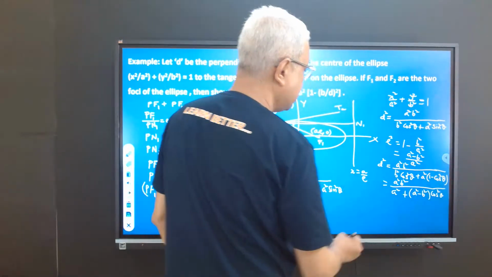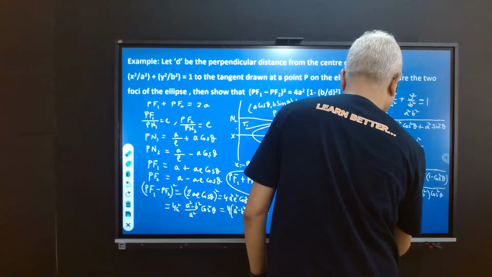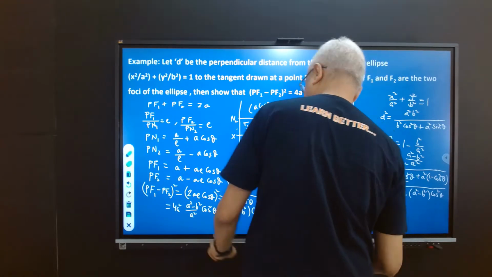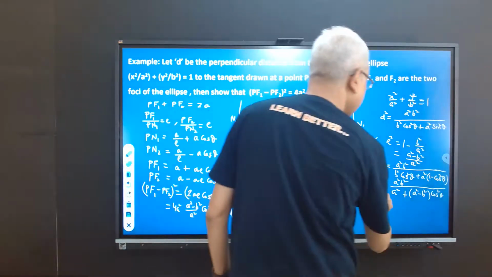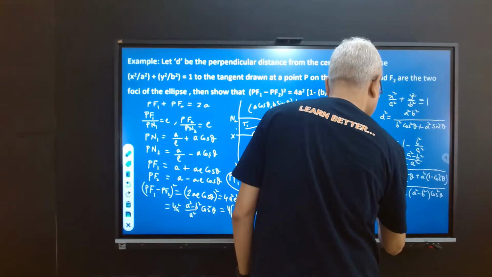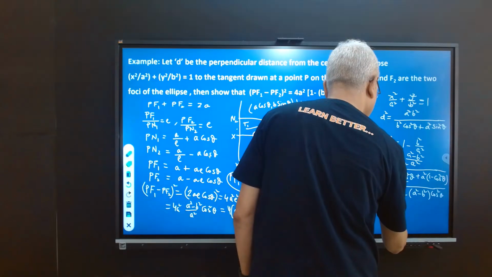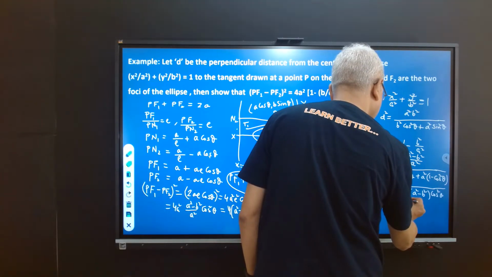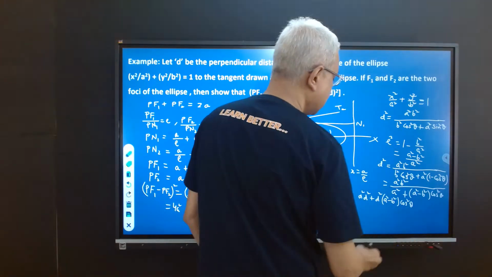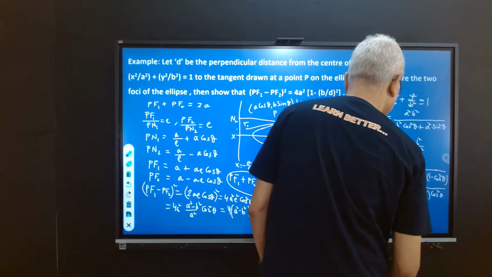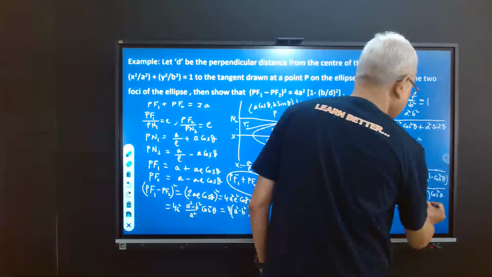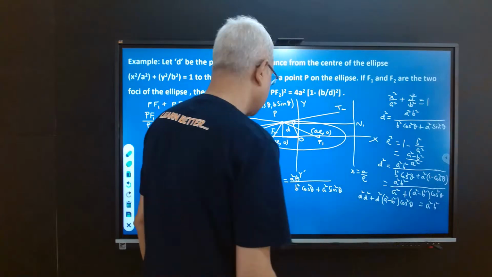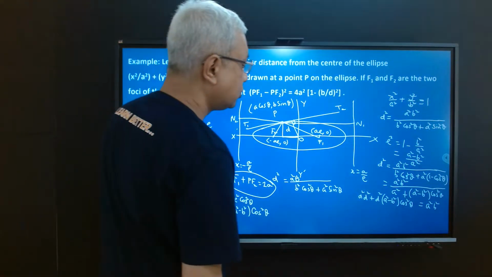From there I can write actually d square into (a square b square plus b square (a square minus b square) cos square theta) is equal to a square b square.